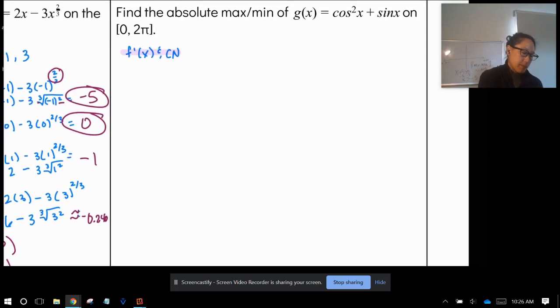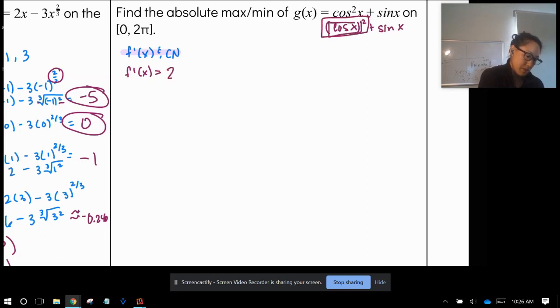I'll take a minute. So I'm going to take f prime, and I don't like my function written like this, so I'm going to write cosine x squared times the sine of x. I can see that this is chain rule.